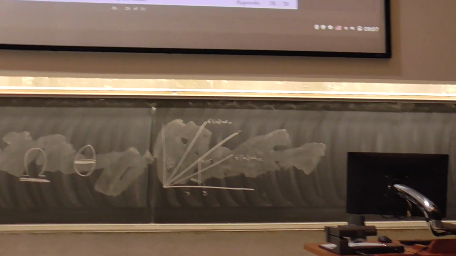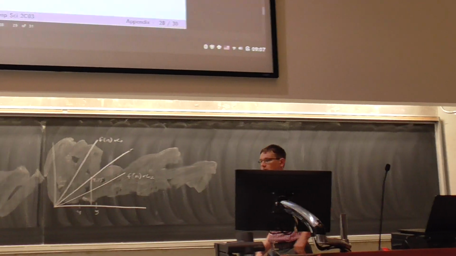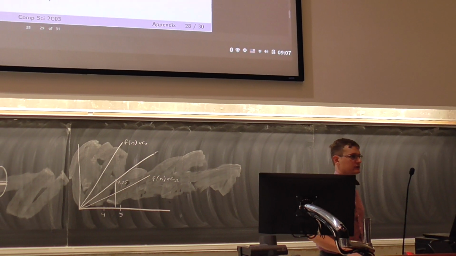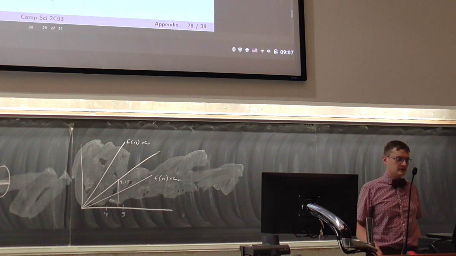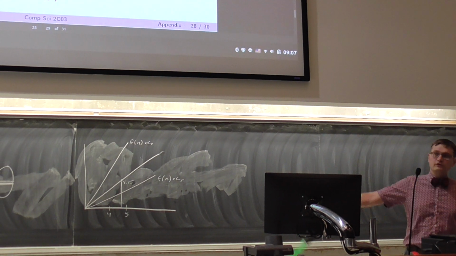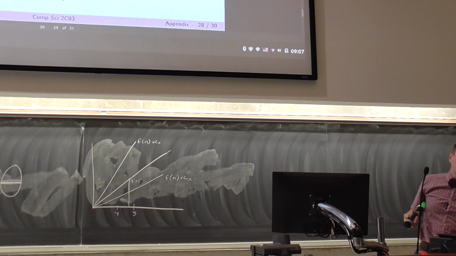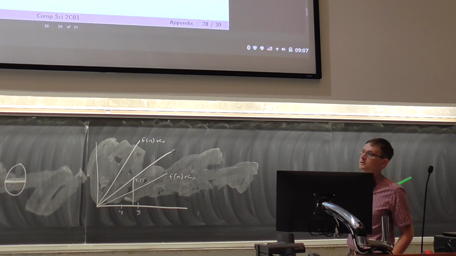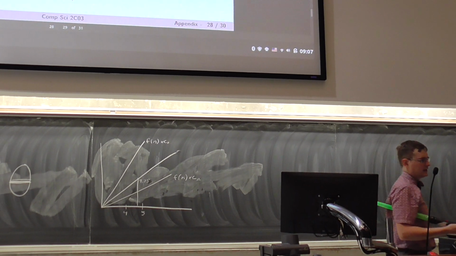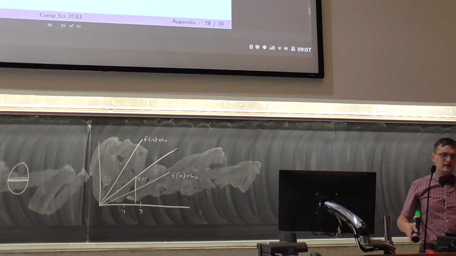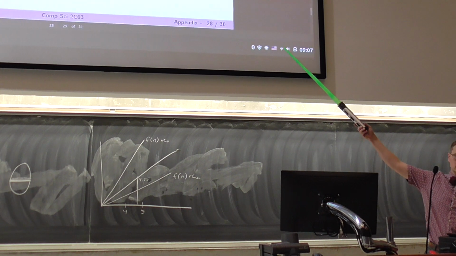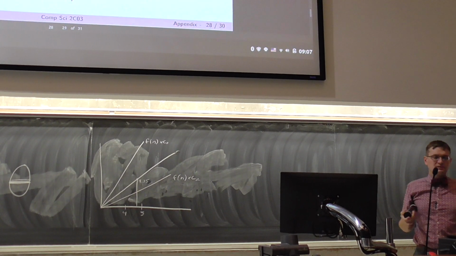So, here are some additional helpful results when reasoning about big O notation. If you are performing addition over two functions, big O f of n and big O g of n, that is equal to big O of f at n plus g at n.